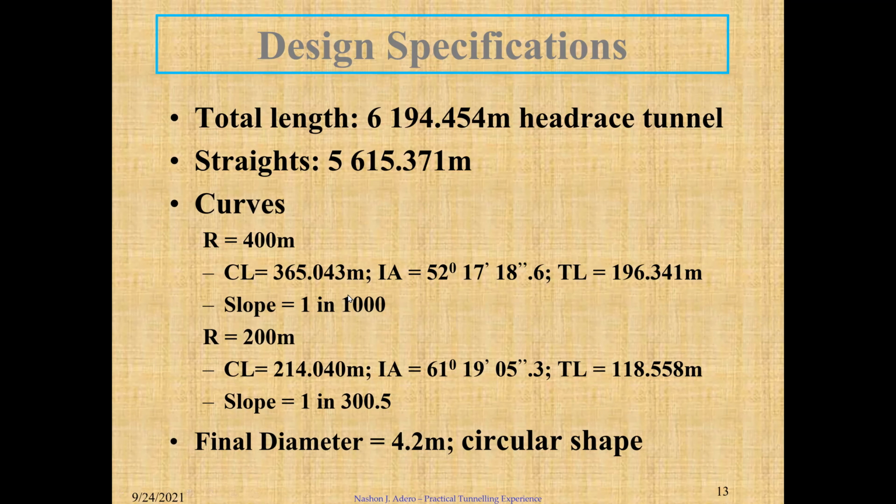Can someone now tell us what your findings are? If the relationship between the tangent length for the section of the tunnel, the intersection angle, which is equal to the angle at the center, and the curve length, can you let me know if you are getting those answers according to the formula we derived last time?